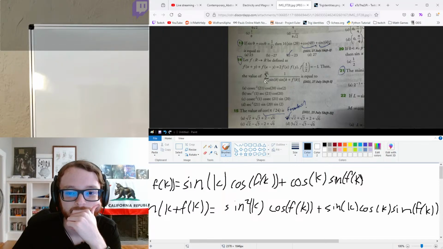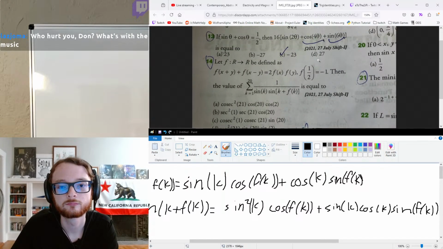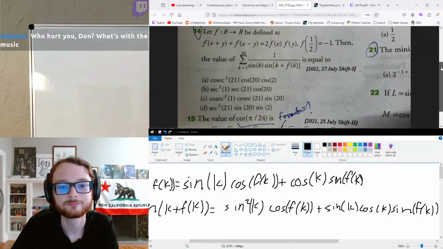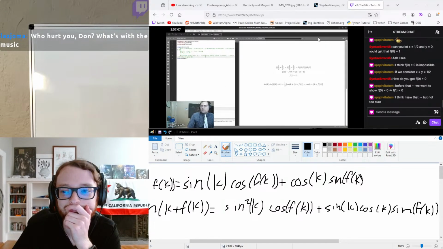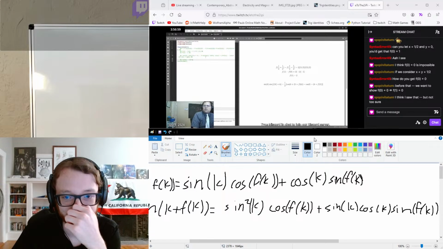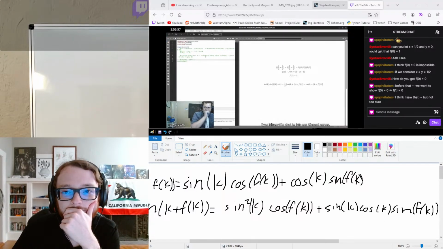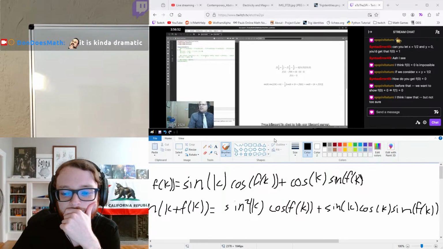You get f of 0 equals 0. So the idea is if you let x and y be 0, here's what happens. f of 0 plus 0 plus f of 0 plus 0 equals 2 f of 0 f of 0.